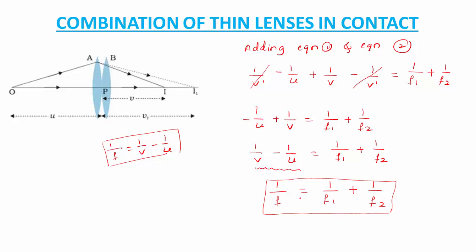Remember, instead of using two lenses in contact, we can use a single lens which produces the same effect. So this is all about combination of thin lenses in contact. Remember, there are two cases. We will get two equations. Add those two equations. We will get the final equation 1 by f equal to 1 by f1 plus 1 by f2. So this completes refraction of light through lenses.